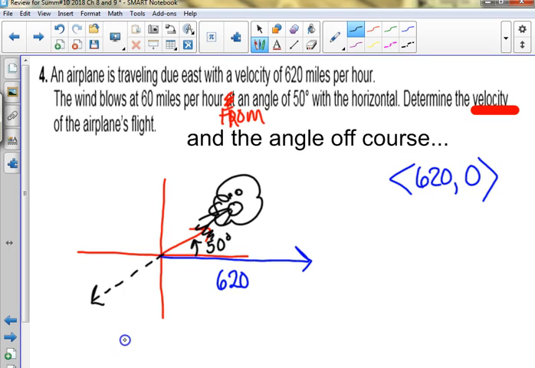Okay. So now you need to decide what components to put on there to make this 60 mile an hour wind push in that direction. So the plane is going to be 60 cosine of something and 60 sine of something, but what do you want to do? 180 plus 50?